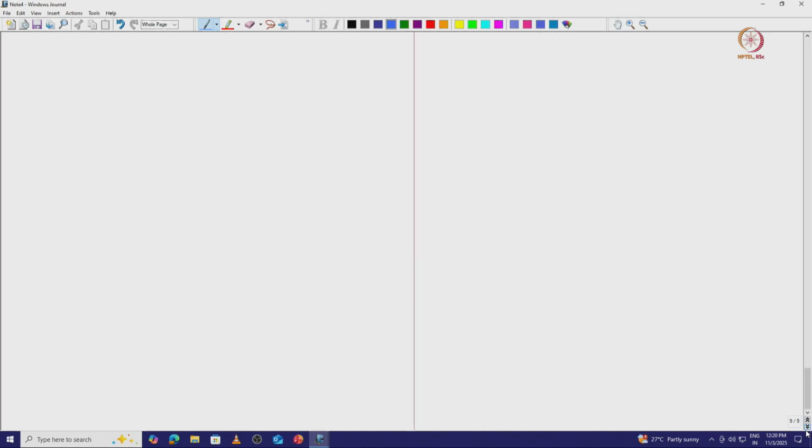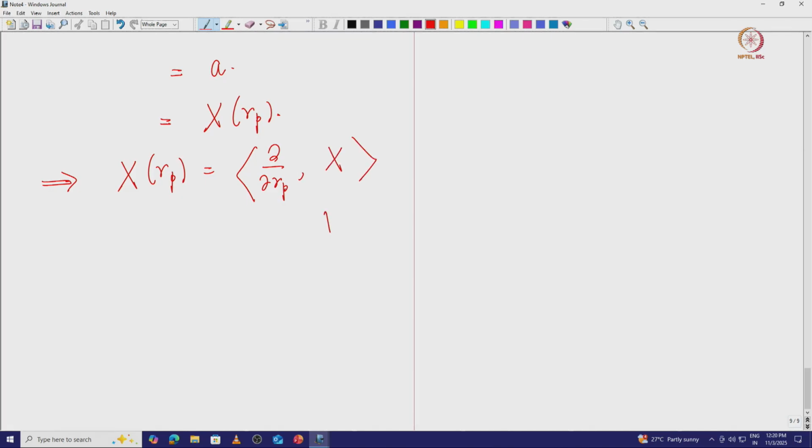So this entire thing is a, but we have seen a is just X of Rp. So that means X of Rp is given by this. So this proves the claim, and this was for all choices of X. X was completely arbitrary. So this proves the claim, and hence the gradient of Rp is this.